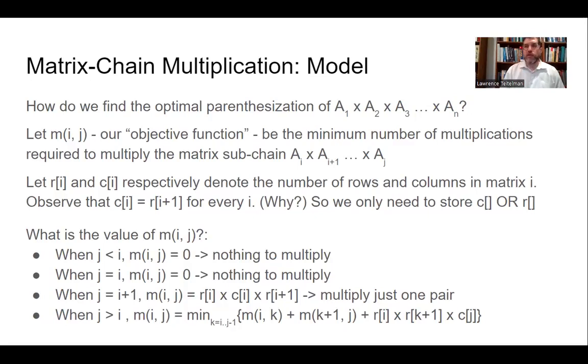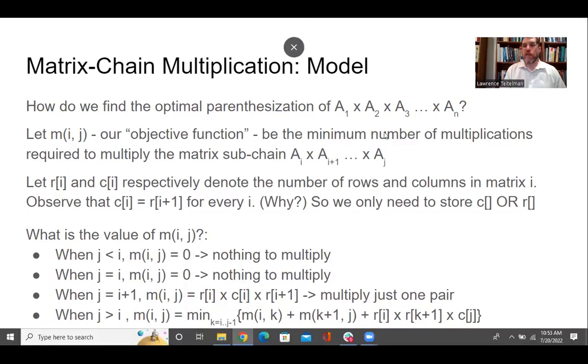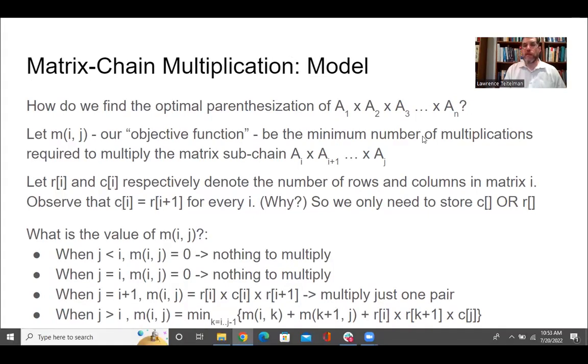So there is no such chain. I can't go from a chain that starts in matrix 5 to matrix 3. So there's nothing to multiply.